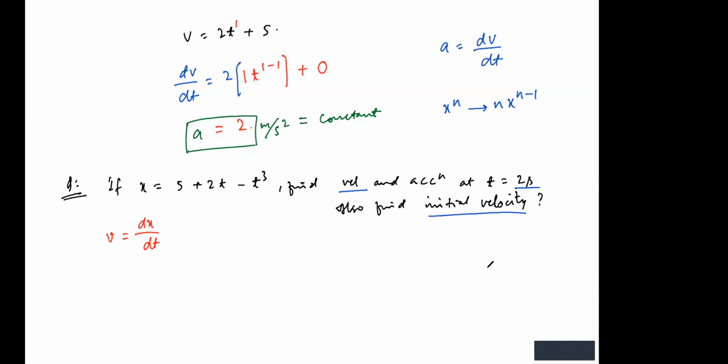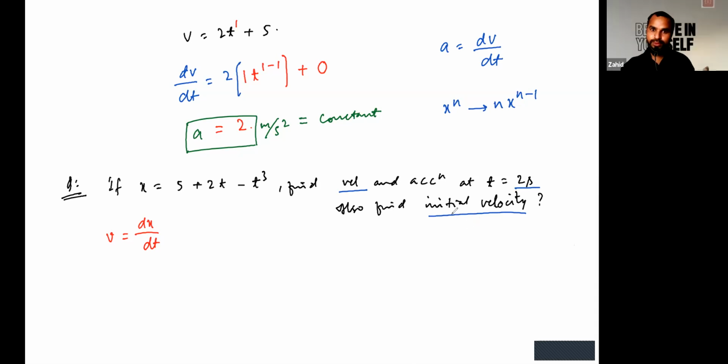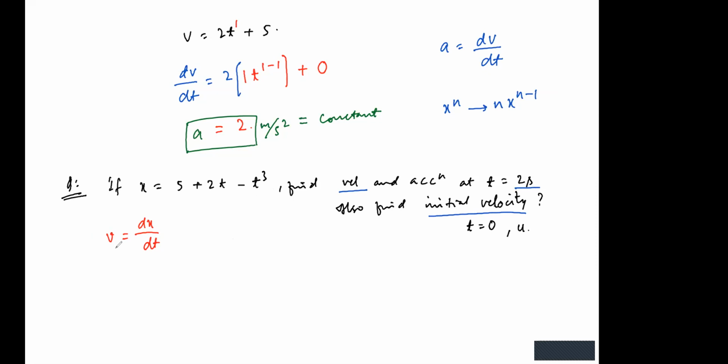Yes. Whenever a question asks you to find the initial term, just put time to be 0 in the expression. It will give you the velocity at the starting point, which is called initial velocity. So first, just differentiate this function. You would obtain v, put t equals 0 in this expression, and it is called initial velocity.